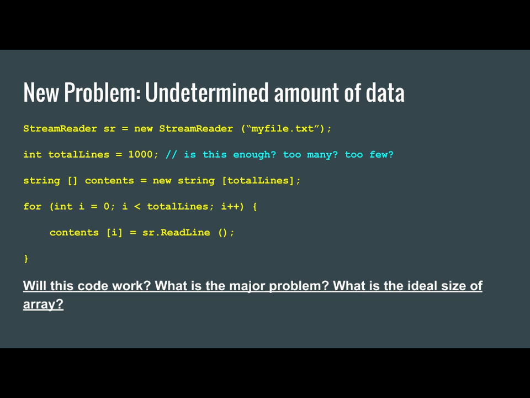I estimate that there may be 1,000 lines in this file, so I create a string array that can contain 1,000 strings. So I basically start reading lines from the file and assign them to corresponding locations in the array. So the problem is, does this code work? Where is the major problem? What is the ideal size of the array?